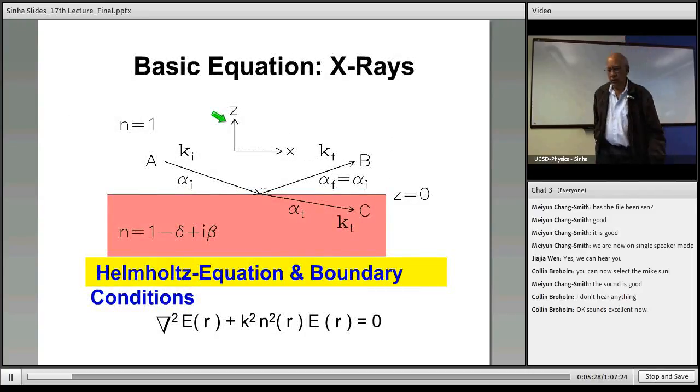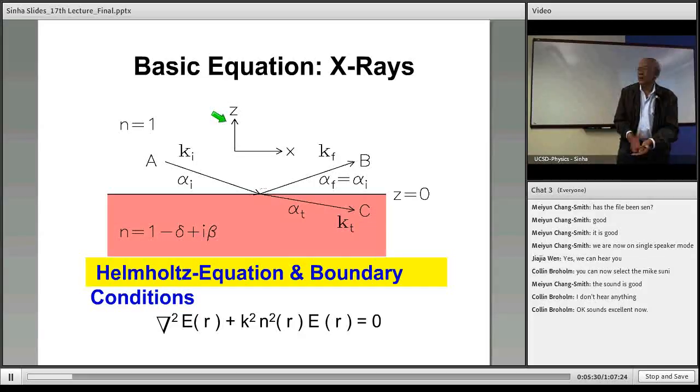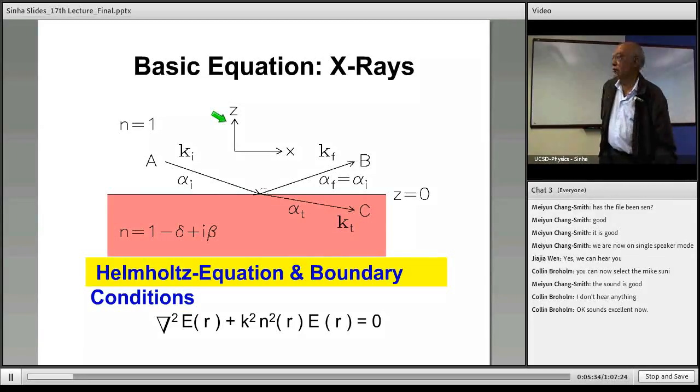So let's talk about the basic equation. This is for X-rays, but it's equally valid for neutrons. So you've got a beam coming in with alpha I, going out with alpha F, and this is specularly reflected here. We're assuming the condition of specular reflection.